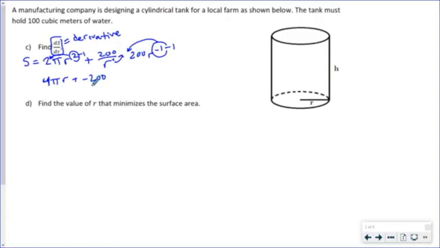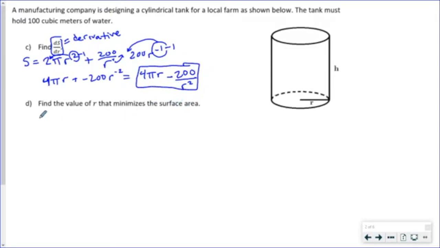I promise you. Use a calculator if you want to. And then r to the negative 1 minus 1, which is negative 2. It's best to rewrite this as a fraction again. So the derivative equals 4 pi r minus 200 over r squared, because putting it back on the bottom makes the exponent positive. Boom. That's your derivative.